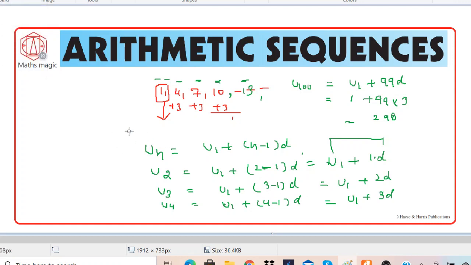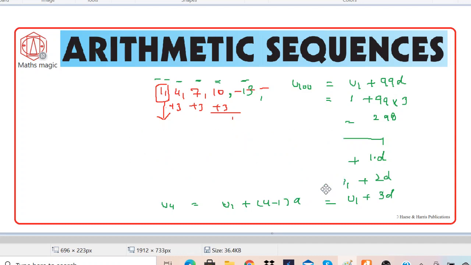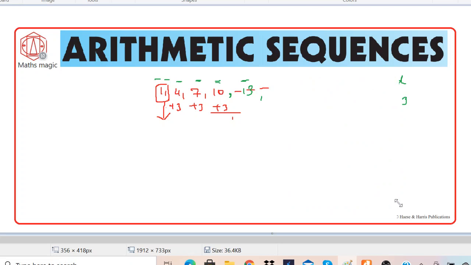Now I want to add one more important formula to this. If I ask you to find the sum of the sequence, so what does it mean?